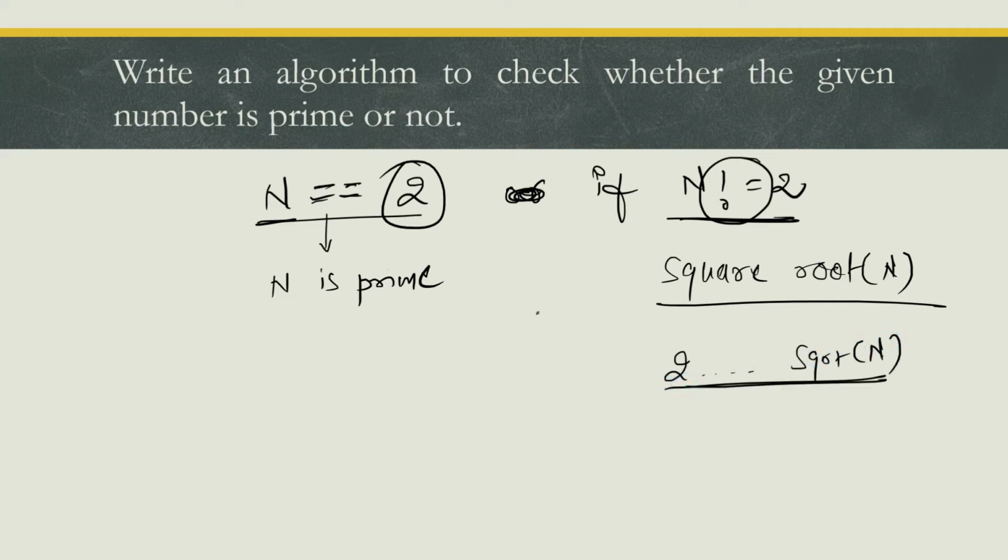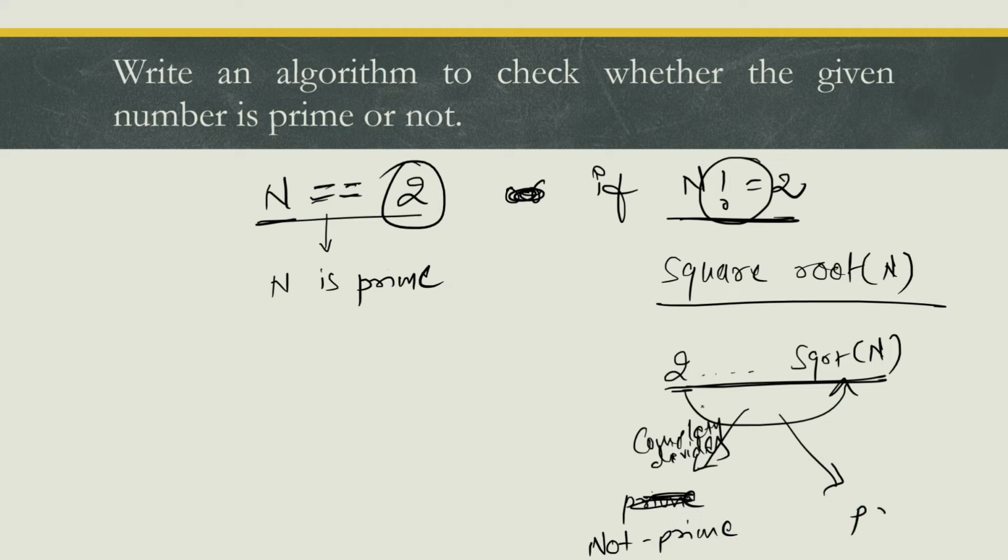If any number between 2 and the square root of n completely divides n, then it is not prime, otherwise it is a prime number.